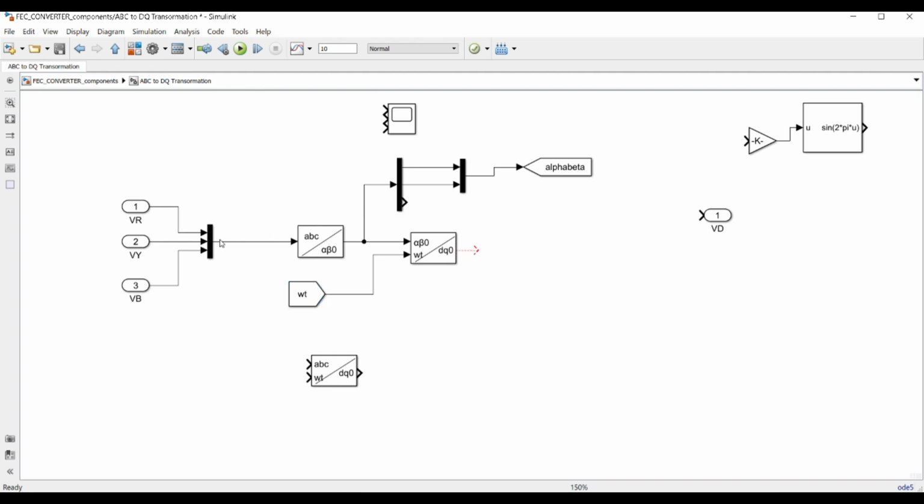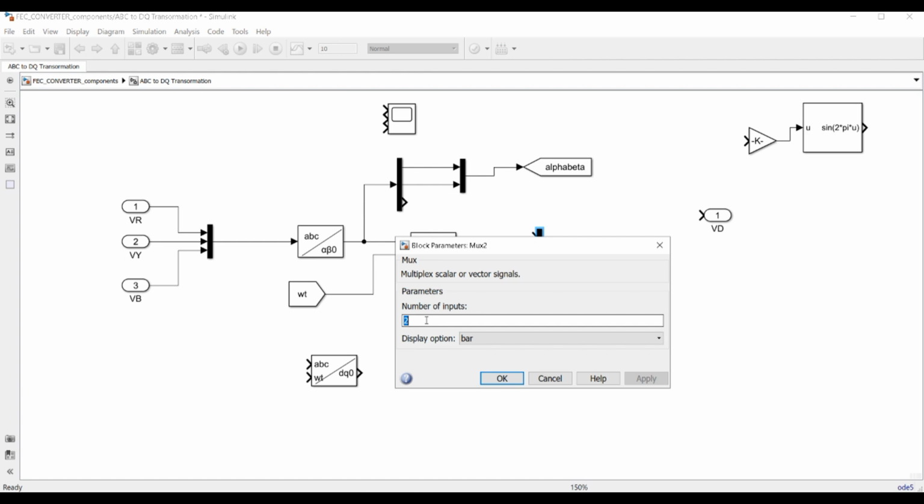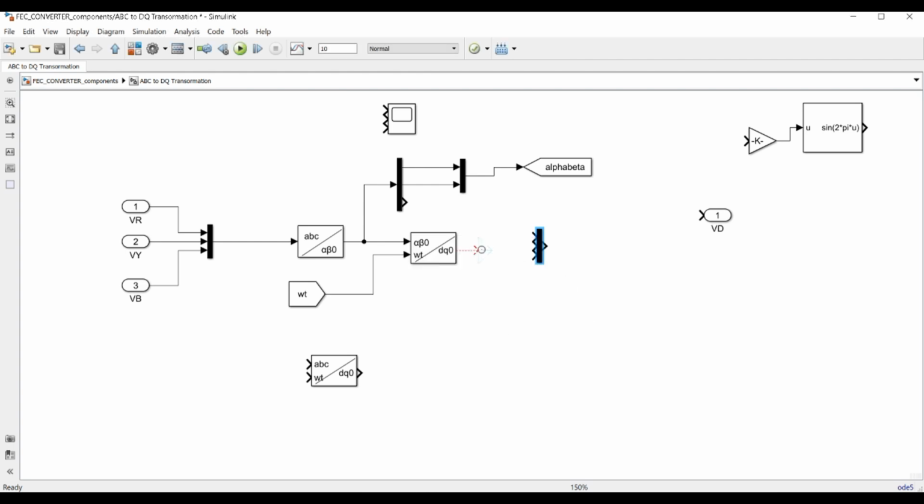So I will be again taking this block, make it 3. Sorry, I will not be taking this block, I will be taking this block.